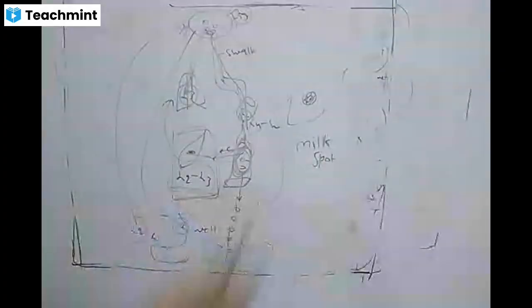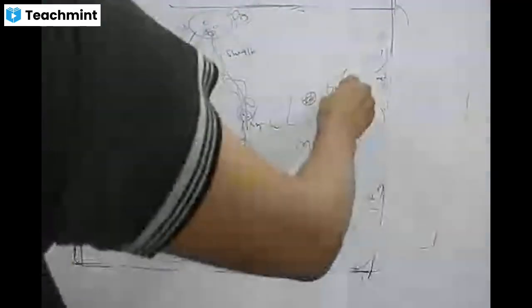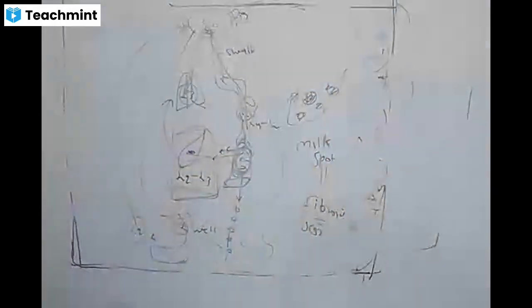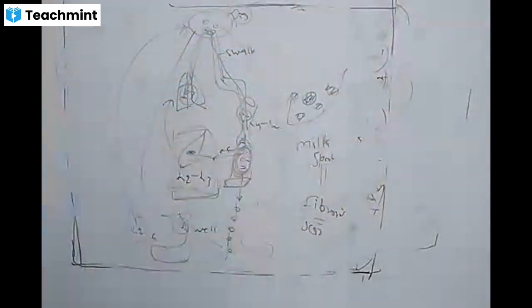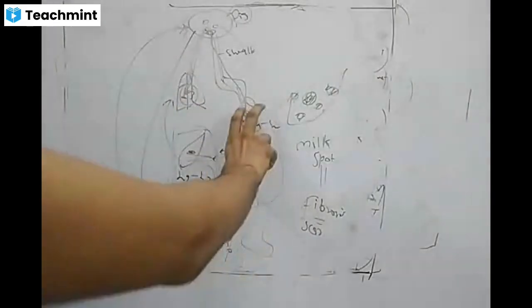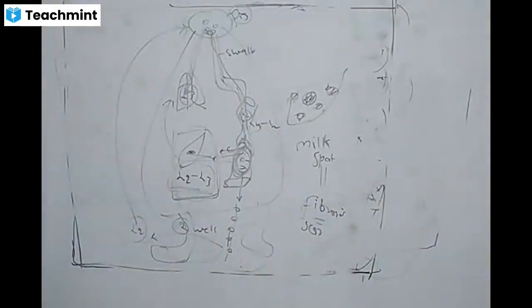In those areas, connective tissue becomes white, milky spots. So many times they have asked, milk spots are related with which nematode? The answer will be Ascaris. So the liver is over, tracheal migration. Then what is the pathogenesis related with your adult worm?